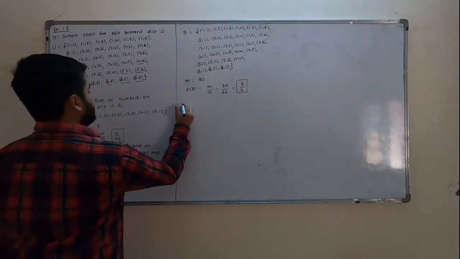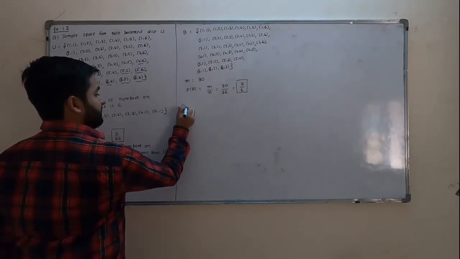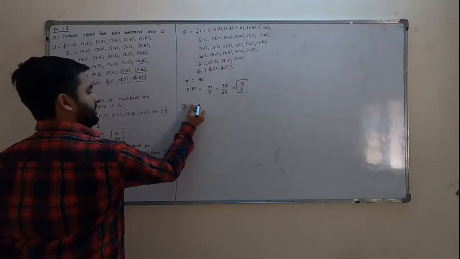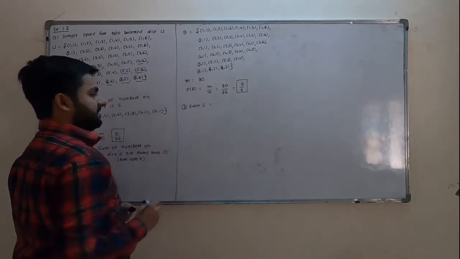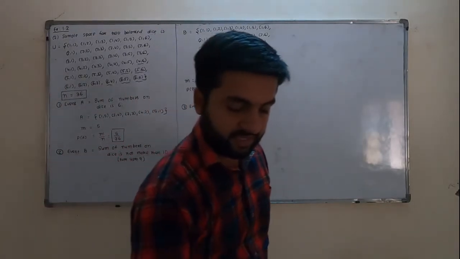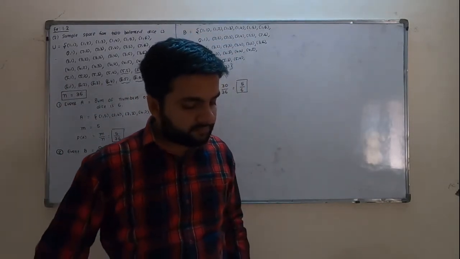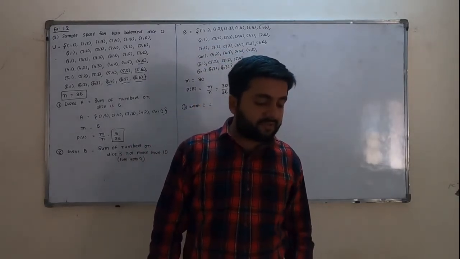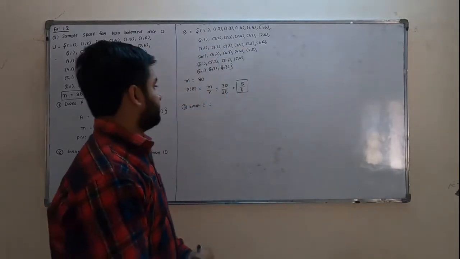Okay. Now number 3, event C is equal to what they are asking. Sum of numbers on dice is a multiple of 3.